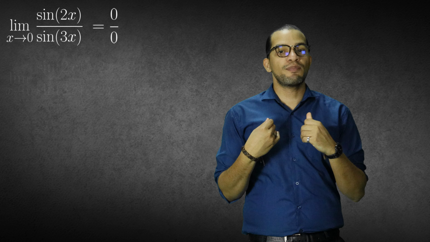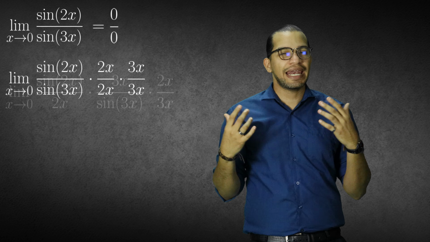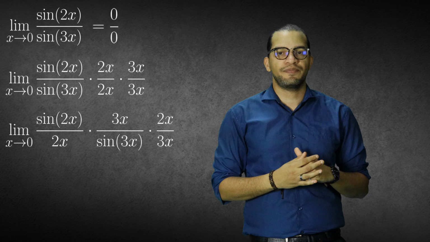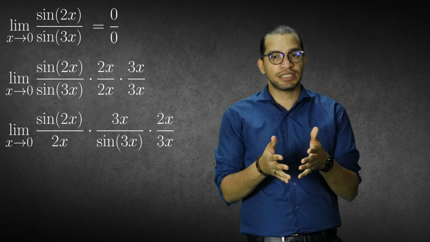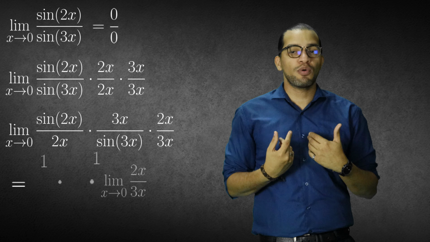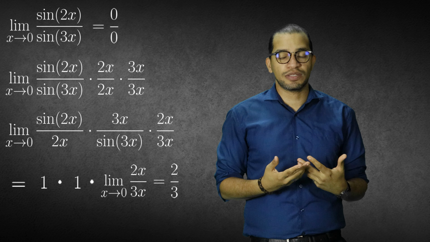But now, if I multiply and divide by 3x and 2x, and I rearrange conveniently, we know for a fact that every time we have the limit when x goes to 0 of sine of an argument divided by the same argument, that will be equal to 1. And we get the limit when x goes to 0 of a constant.